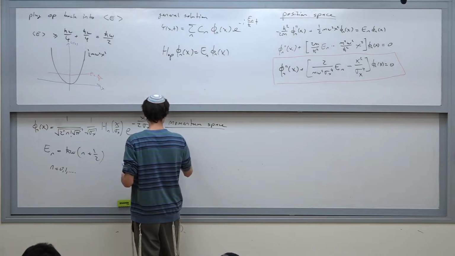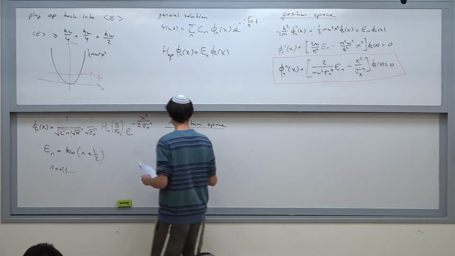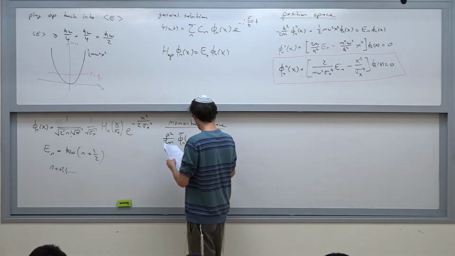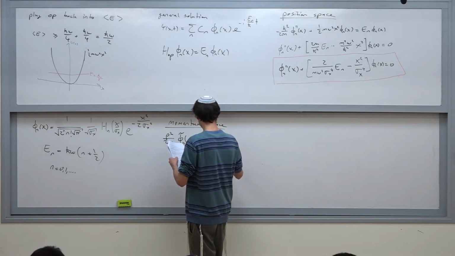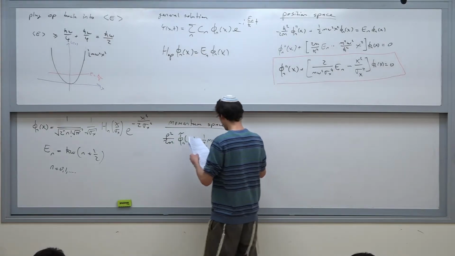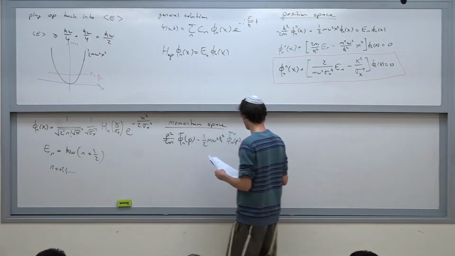So it's p squared over 2m times phi n tilde of p minus 1/2 m omega squared h bar squared phi n of p double prime.